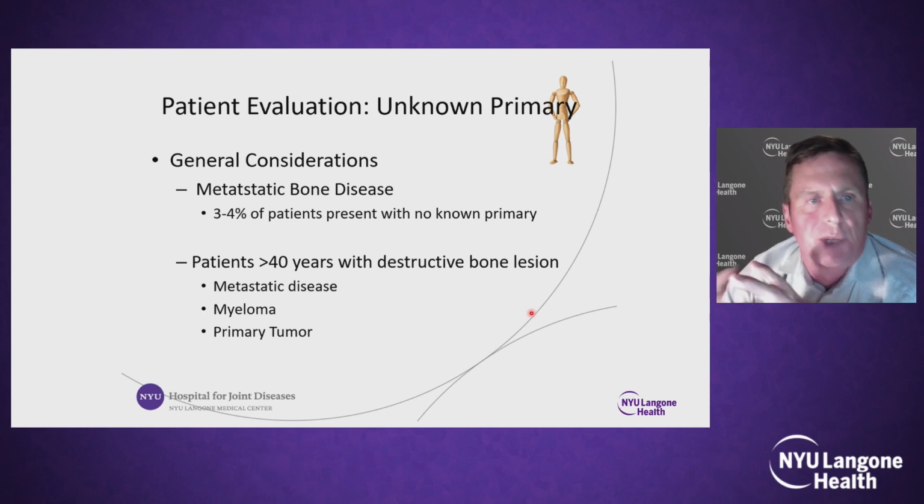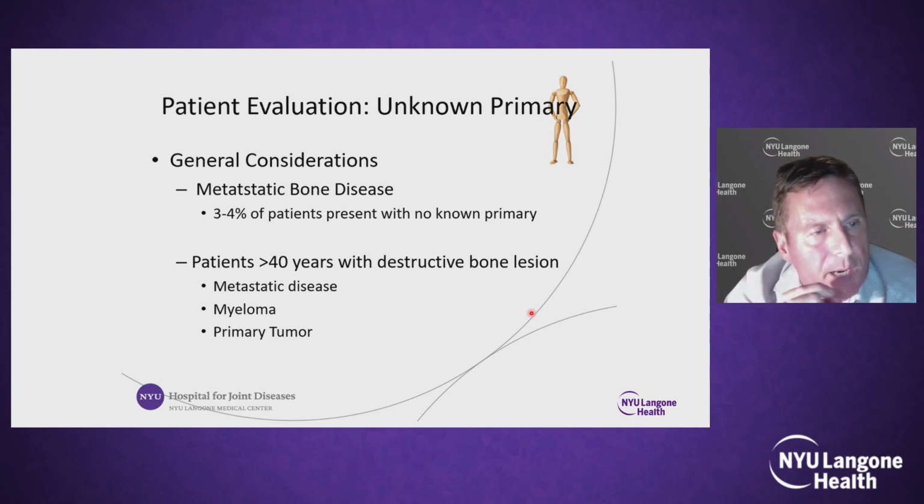So something that comes up commonly in my practice, and I'd be interested to hear from my colleagues, is that I get referrals for this particular problem, not only from orthopedists, but also from primary care physicians. I don't expect every primary care physician in the audience to become an expert at looking at x-rays, but you get this x-ray report, which is what I would do if I was a busy primary care person, that says you have this patient with an aggressive appearing lesion in bone, but they have no known cancer.